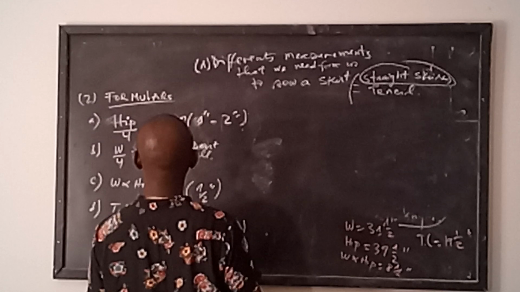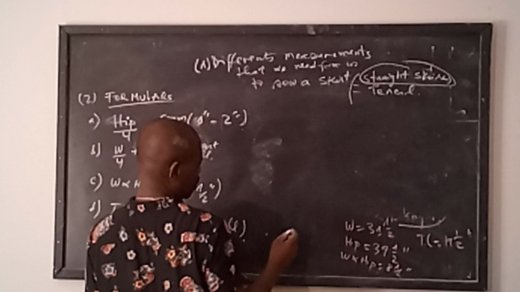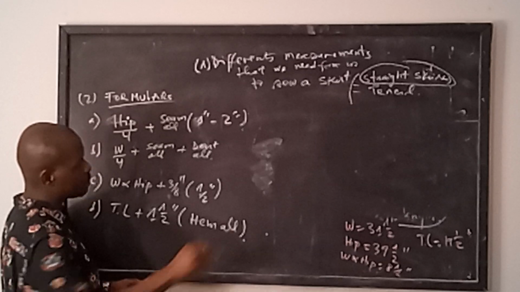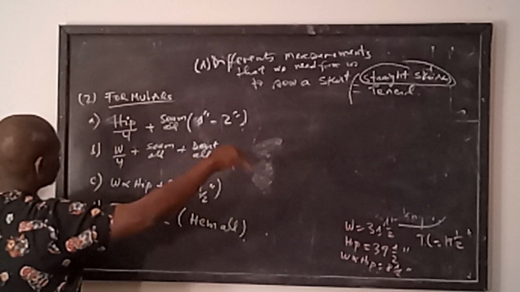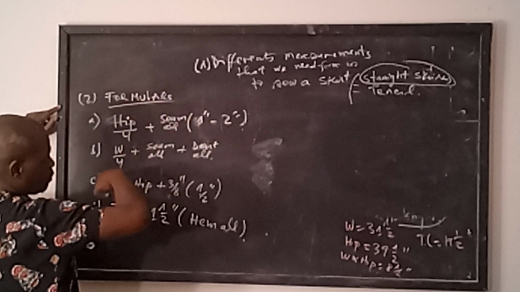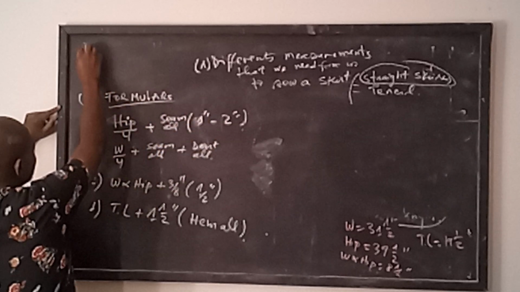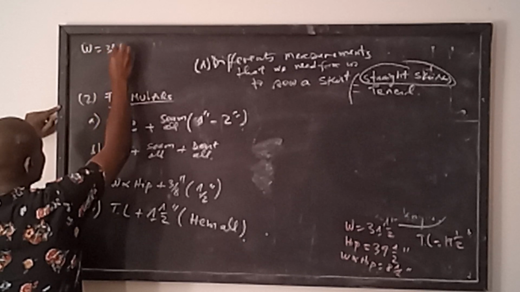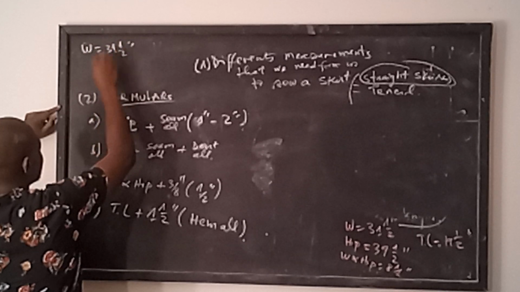And I'll be moving on with my measurements. Let me put those measurements here on top, because I'll need this to explain what I'll be doing here. So we talk about the waist, we say it was 31 and a half inches.